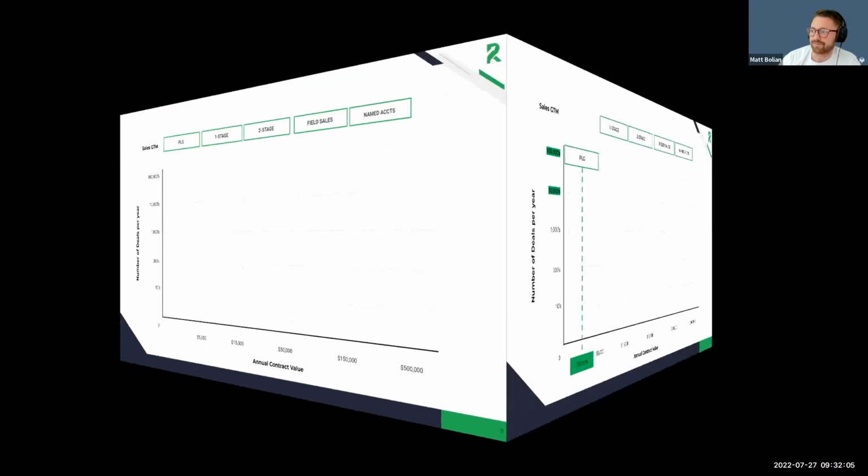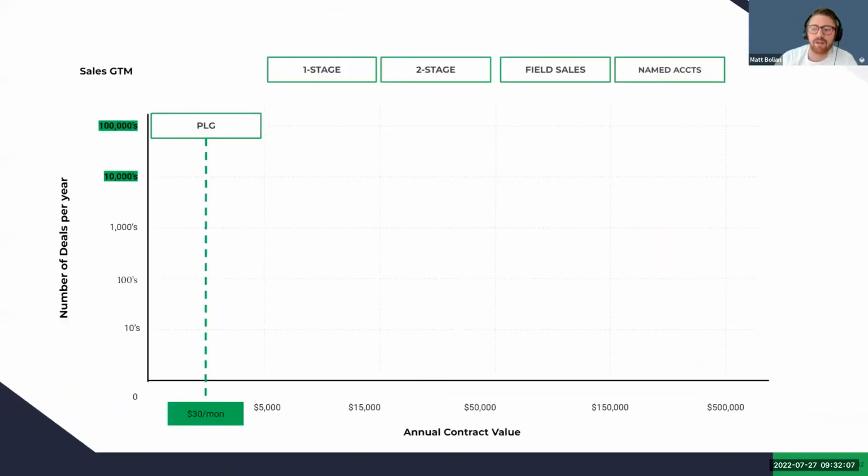Here's an example. PLG sits with hundreds of thousands to tens of thousands of individual sales on the left, and a very low contract value, maybe $30 a month, which is $360 a year. So you just have to get lots of users, and it is a separate motion, supported differently.